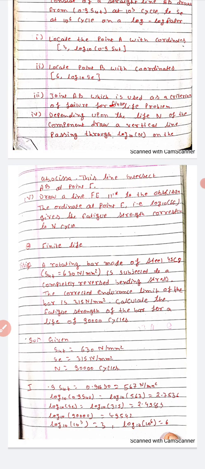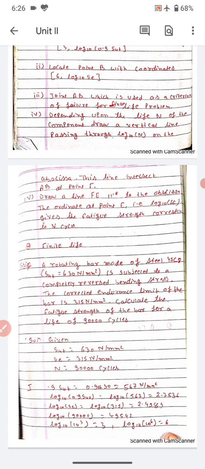Calculate the fatigue strength of the bar for a life of 90,000 cycle. The examiner, as we already discussed, will always deal between the AB line. We had seen in the last lecture that the AB line is the failure line.